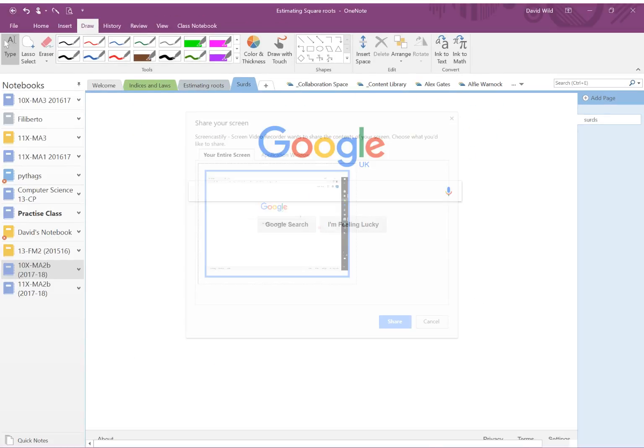So this is a surd, since 17 cannot be factorized with a square factor.